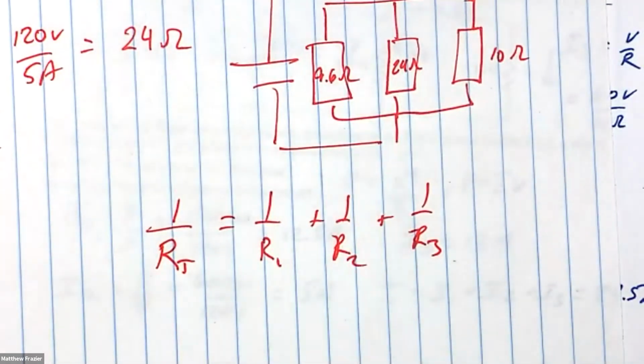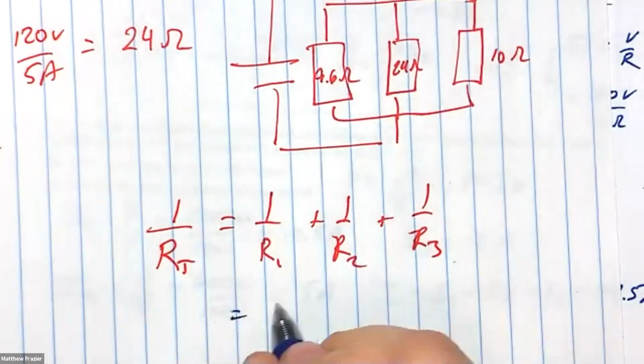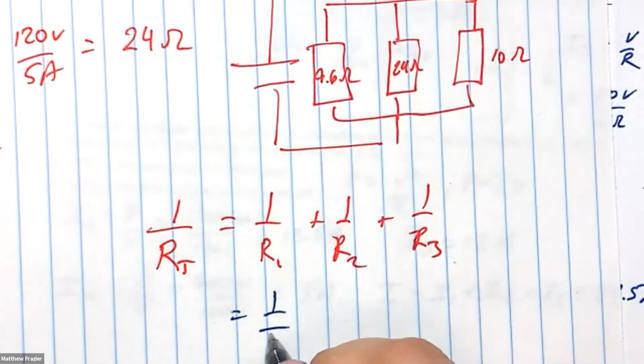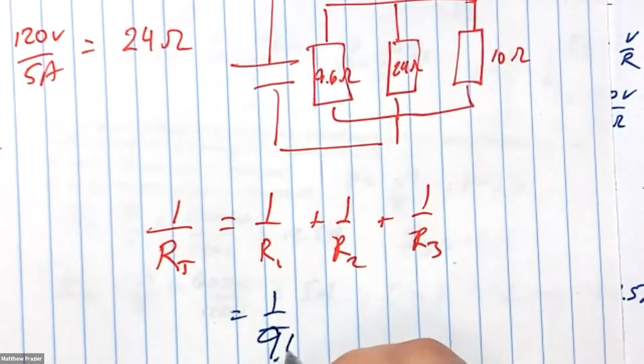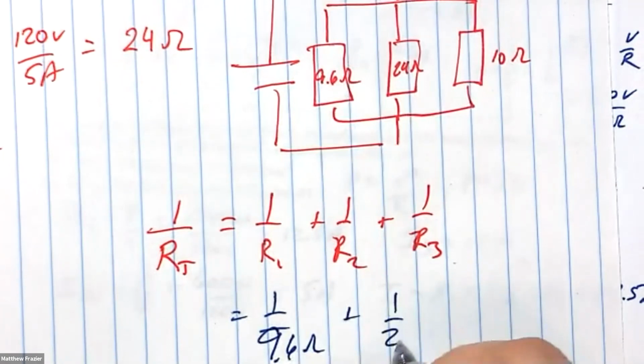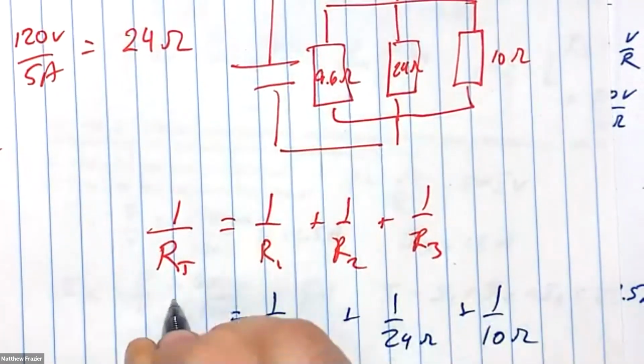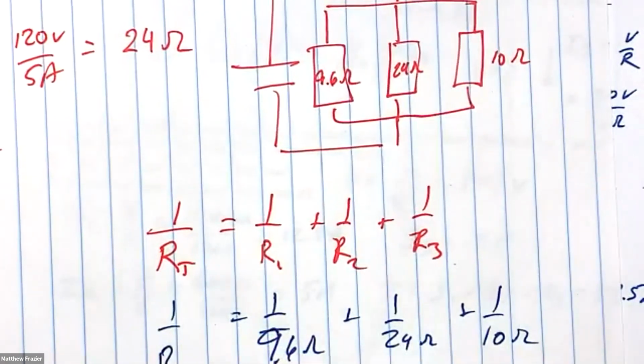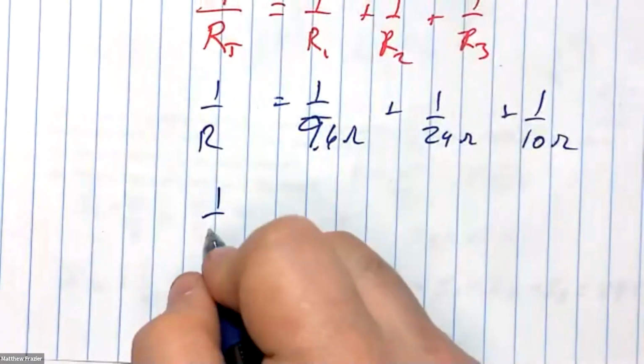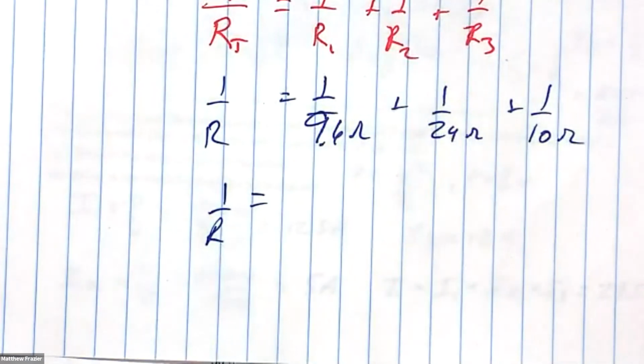Then you go through and run the calculation: 1 over 9.6 ohms plus 1 over 24 ohms plus 1 over 10 ohms.